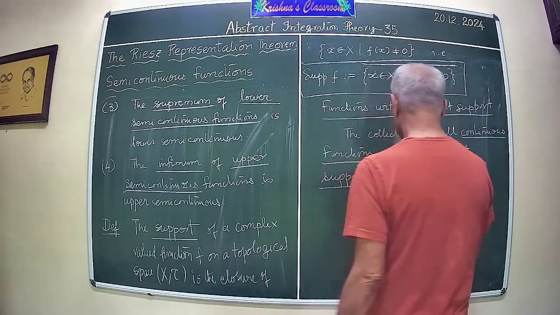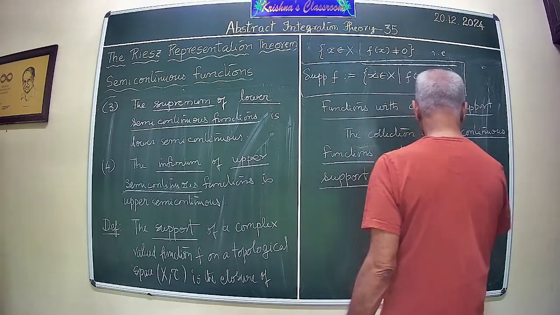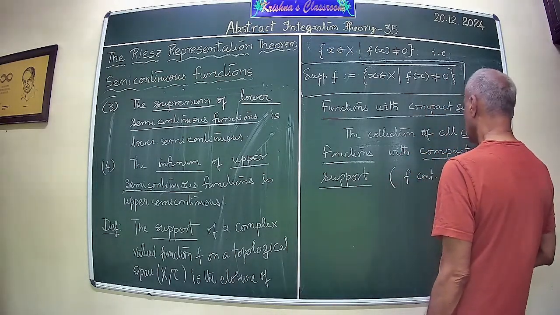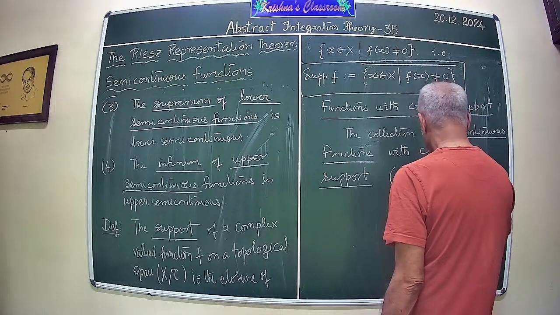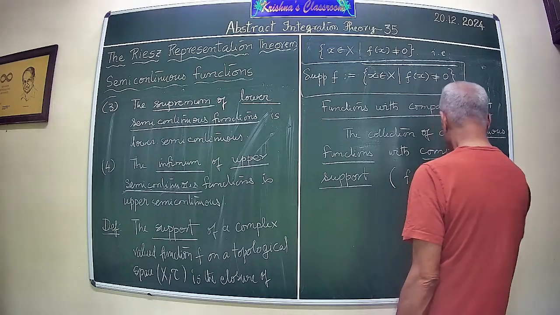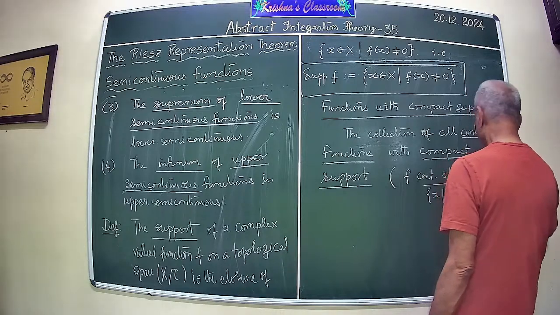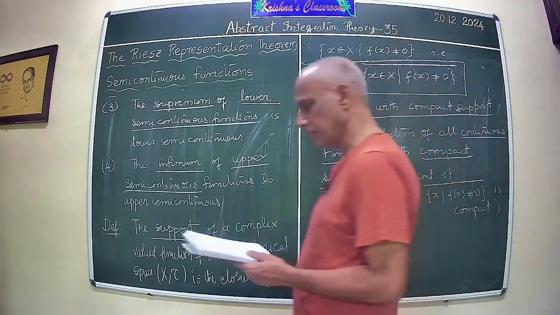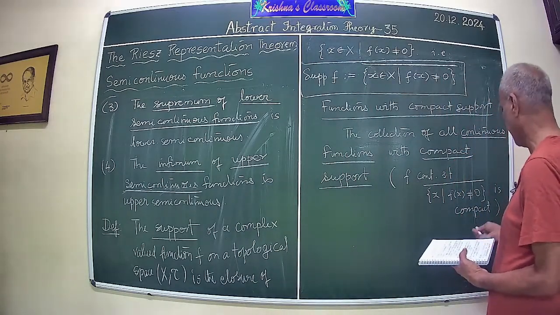That is, f continuous such that the support, by definition itself, is closed, but you don't know whether it is compact or not. Okay, right.